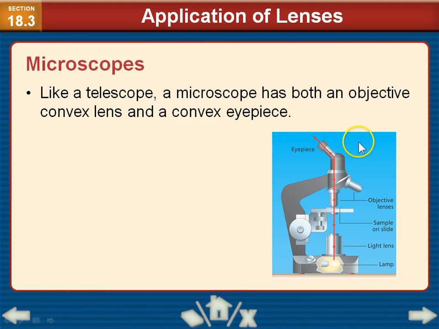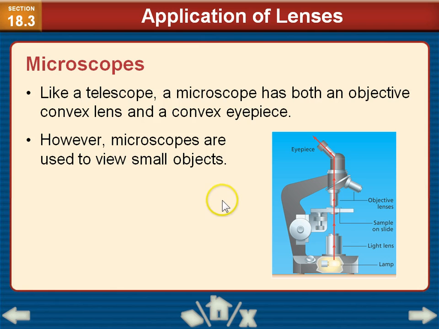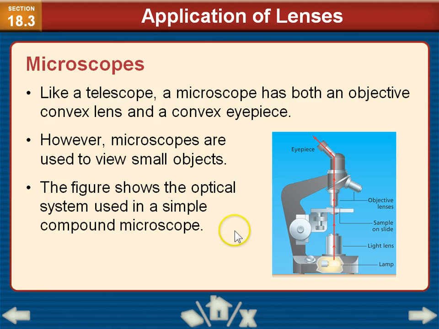We're looking at a microscope. Again, we have light coming up through the sample, and there's going to be a couple of lenses. The different lenses are going to focus it on the eyepiece. Microscopes are used for very small objects.